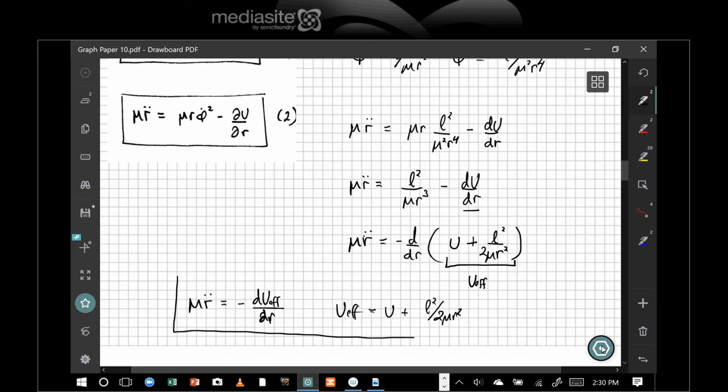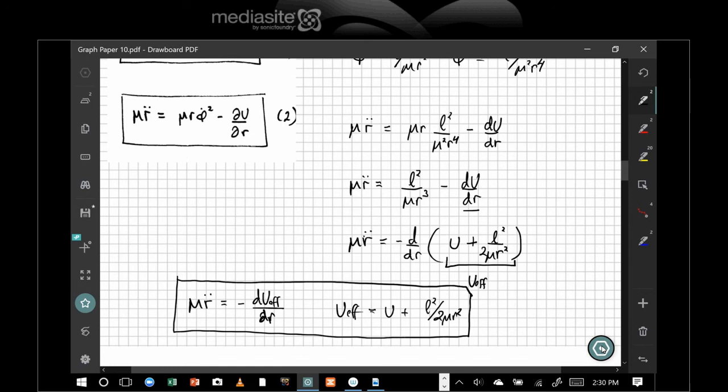And then plus L squared over 2 mu r squared, and you can check that. If I take minus d dr of u, I get that term there. If I take minus d dr of this, I get minus L squared over mu r cubed, but then the minus times a minus gives me a plus, that gives me this thing here.